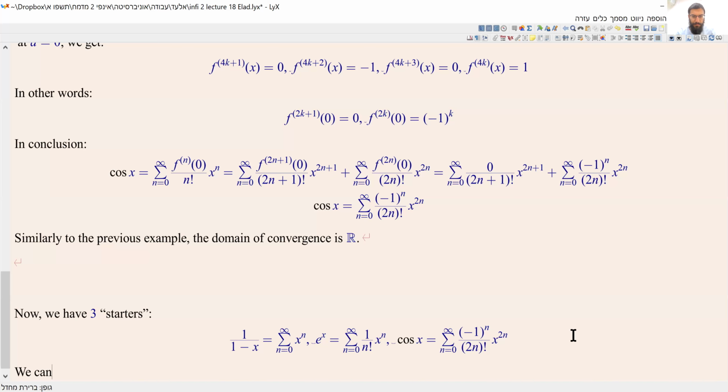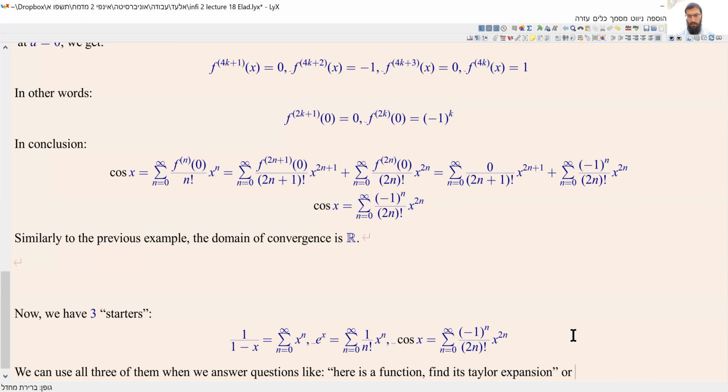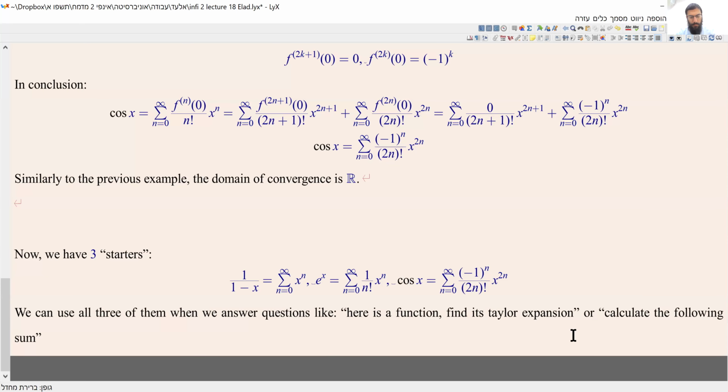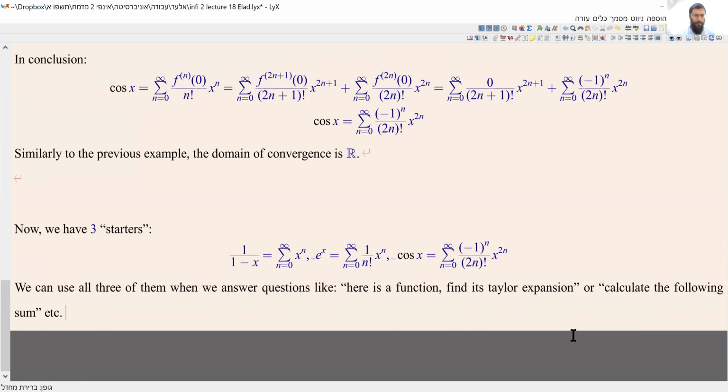So we can use all three of them when we answer questions like: here is a function, find its Taylor expansion or Maclaurin expansion, whatever, or calculate the following sum, etc., etc. Let's do some examples, okay?